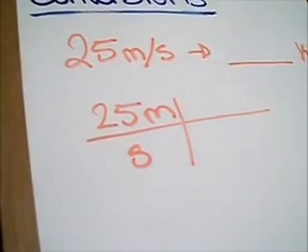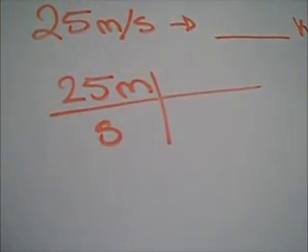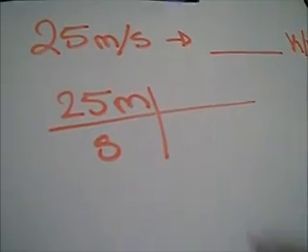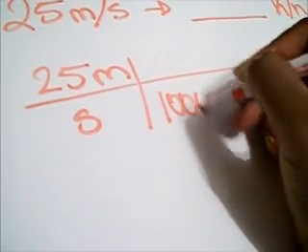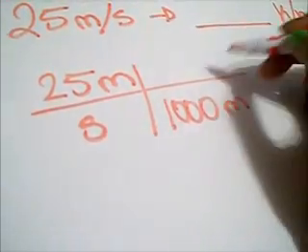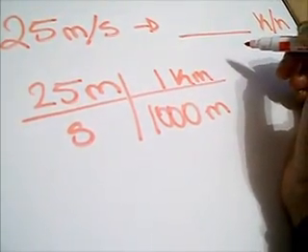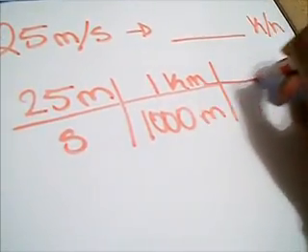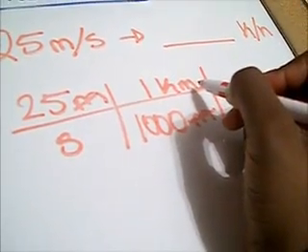And then, in order to cancel out meters and move it to kilometers, you would have 1,000 meters at the bottom equals 1 kilometer up top. Just cancel out the meters and you have your kilometers as your unit.